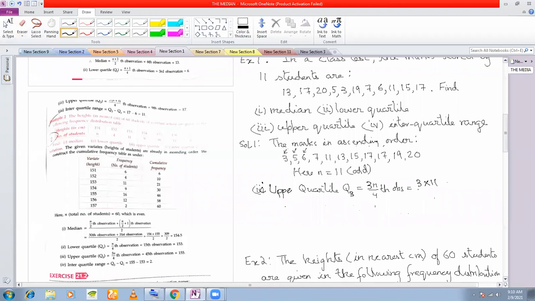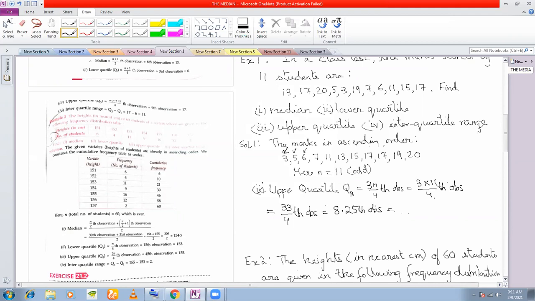So 3 into 11 by 4th observation, which is 33 by 4th observation, which is 8.25th observation. 8.25th observation means the 9th observation.